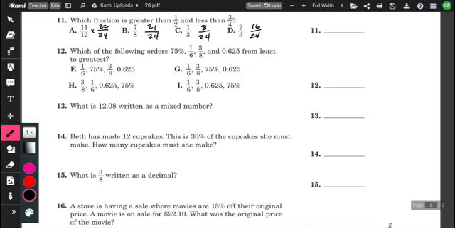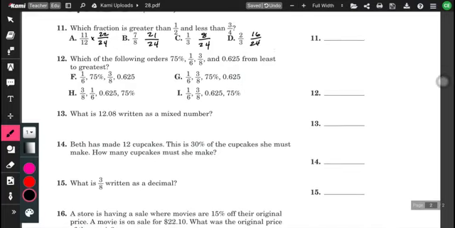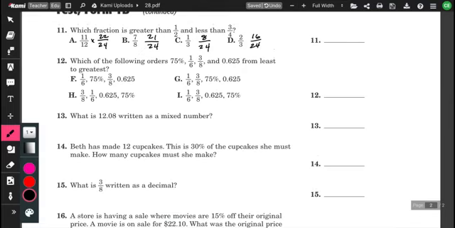I'm also going to make 3/4 and a half into those as well. So a half would be 12 over 24, and 3/4 would equal 18 over 24. So what is the fraction greater than a half but less than 3/4?